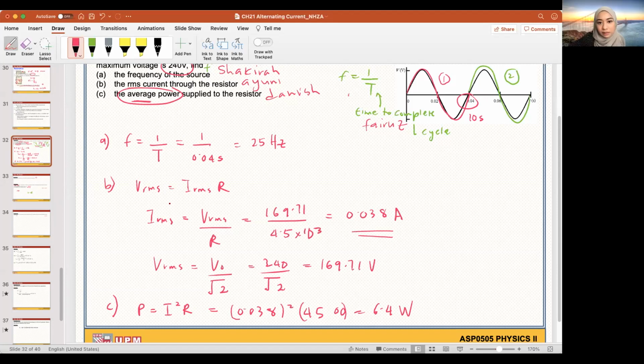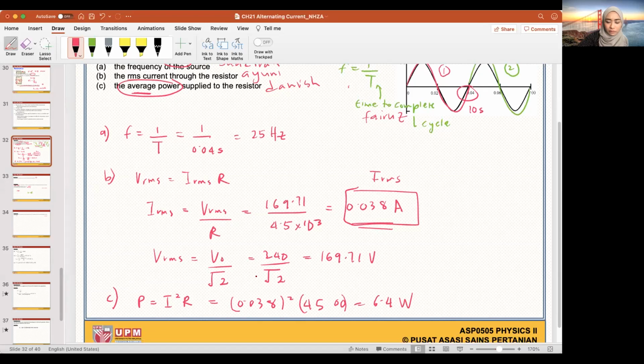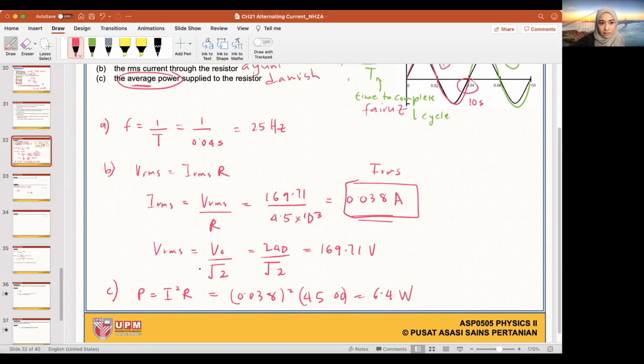So here, Ayuni said this value is IRMS, not I. So how must your equation change to get P average? Okay, I'll give a hint: I listed down the equations we learned. P equals I squared R, which is regular power.